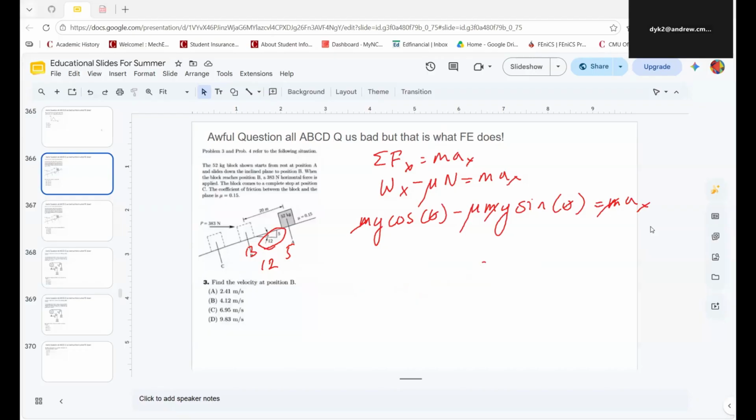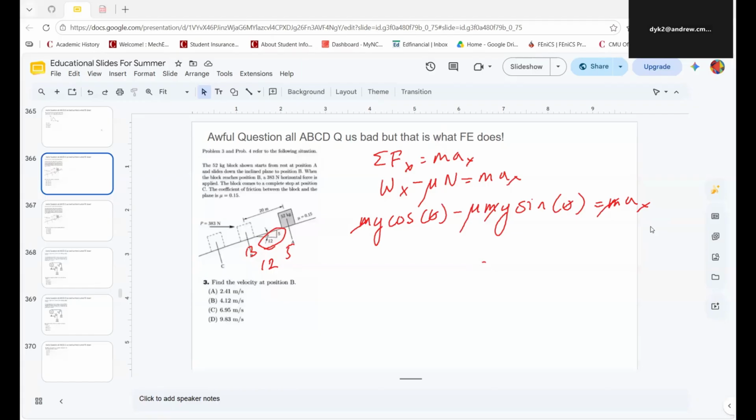So we have 9.8 multiplied by cosine, which is 12 divided by 13, minus 0.15 multiplied by 9.8 multiplied by sine, which is 5 divided by 13, equals about 8. I got 8. Did I mess up somewhere?